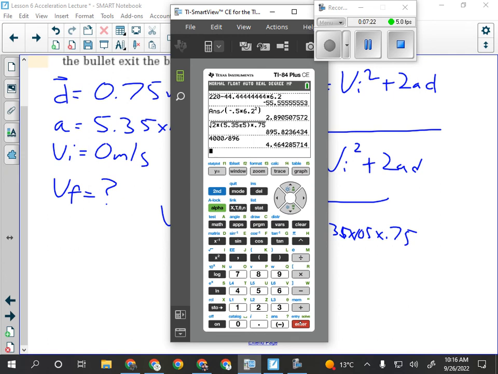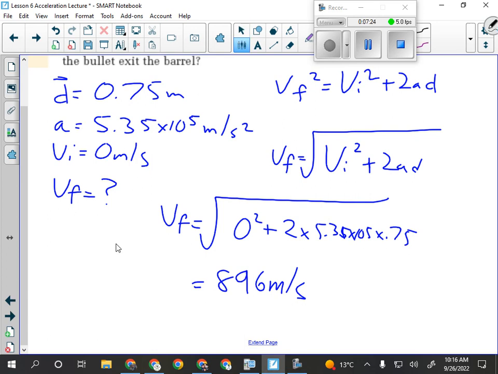Just to give you an idea here, if we do another acceleration kind of question, given how much that bullet would drop over that length of time, we just calculated it was about 4.5 seconds, we can calculate how much higher than the target the sniper would have to aim in order to make that shot.